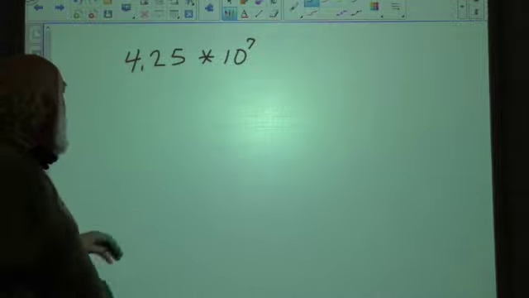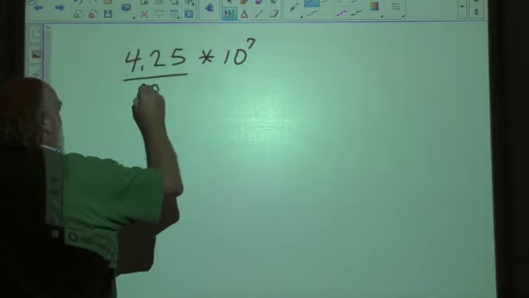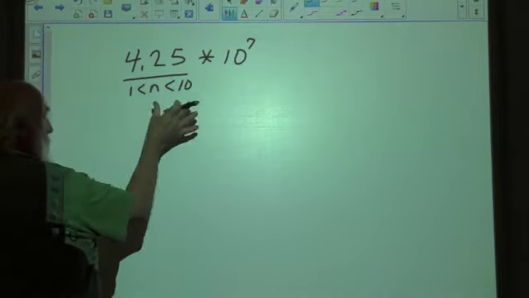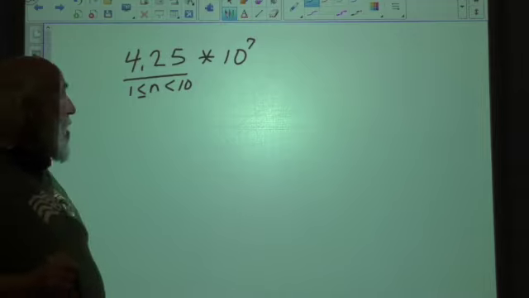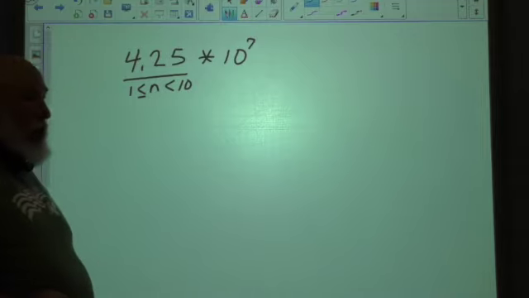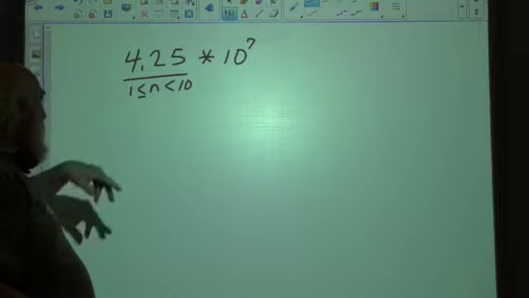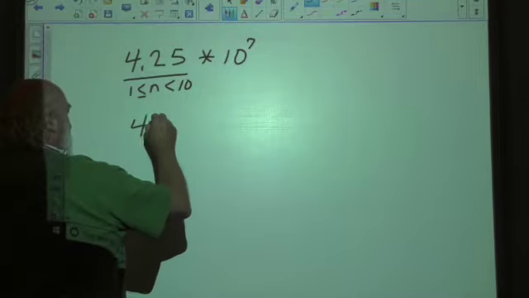Now, this number here has to be somewhere between 1 and 10. It can include 1, but it cannot include 10. And if you were to punch this out in your calculator, you might get something similar to this, or they might be the actual number, which is this.